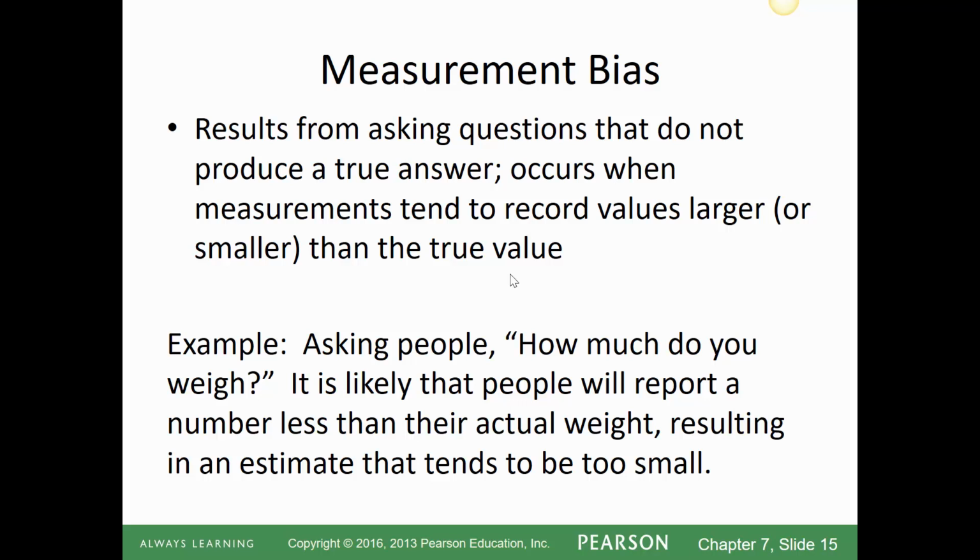They tend to round up to nice whole numbers. With something like that, people tend to overestimate, whereas if you ask how much they weigh, it's likely that people report a number less than their actual weight. So that tends to lowball that statistic, which is going to affect us if we use it to estimate the parameter that we're trying to measure.